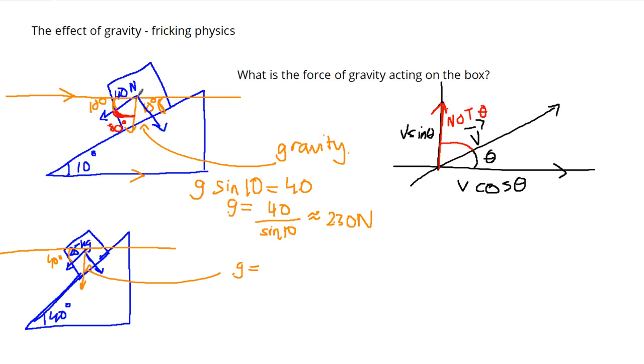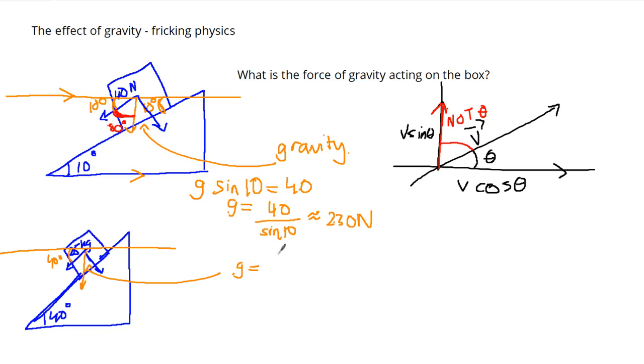If you take G and then sine of the 10 degrees, because our plane runs horizontal, you will have G sine 10 is equal to 40, which is this, right? So 40 is equal to G sine 10. So G is equal to 40 over the sine of the 10 degrees, which is equal to 230 newtons, right?